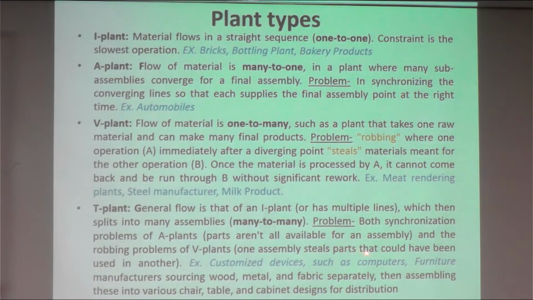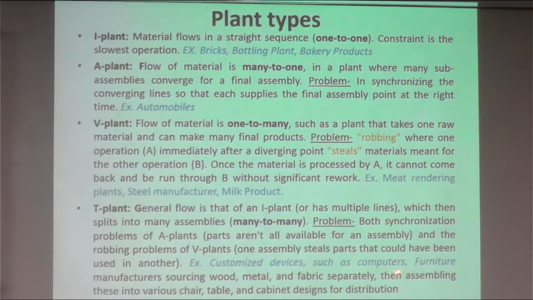One assembly steals parts that could have been used in another, because same material, different products. So rubbing will occur, and synchronization also occurs like A plant. So it's a combination of both, so that many to many will be there.